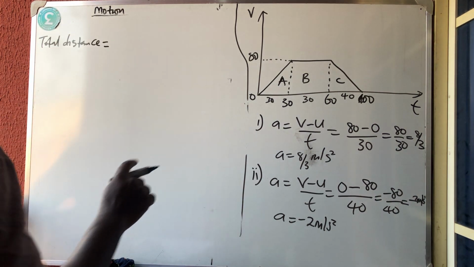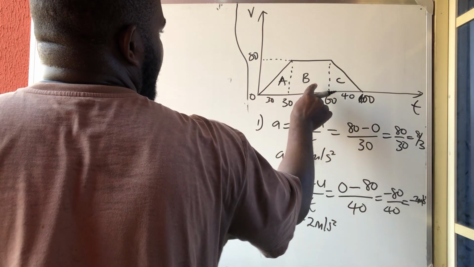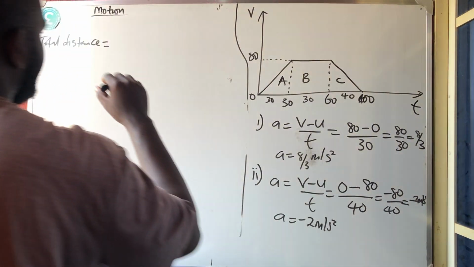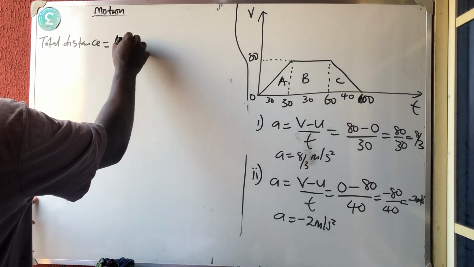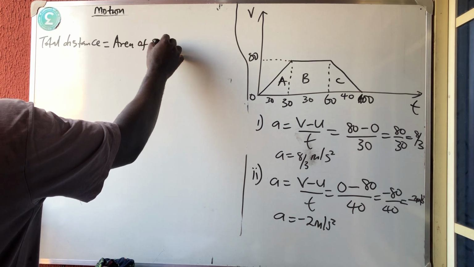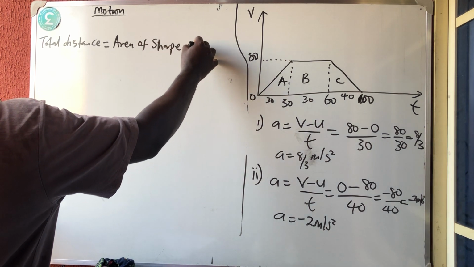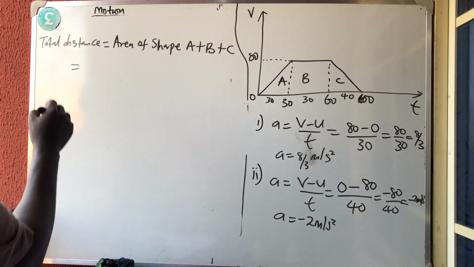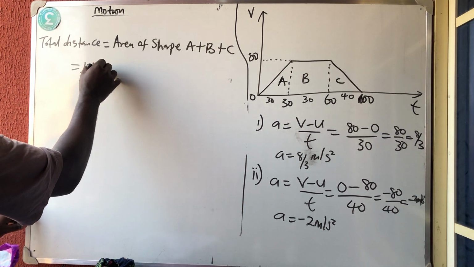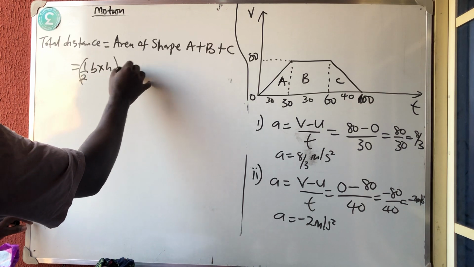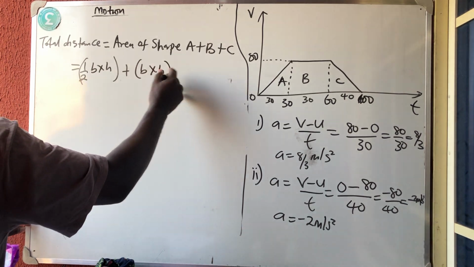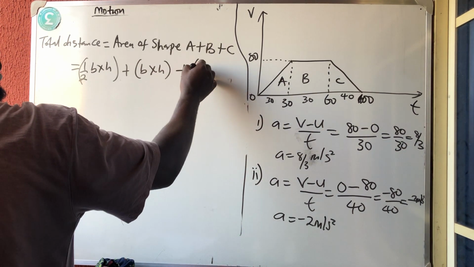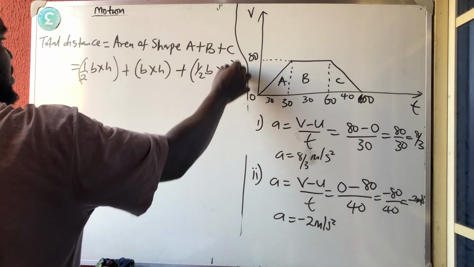Total distance is equal to area of shape A plus area of shape B plus area of shape C. Shape A is what? Half base times height, plus base times height because this is a rectangle, plus half base times height. You are done.